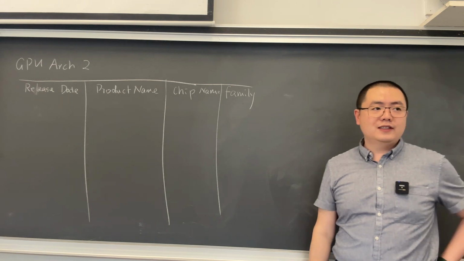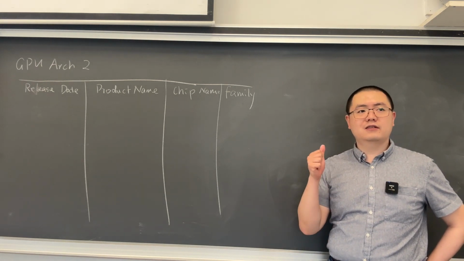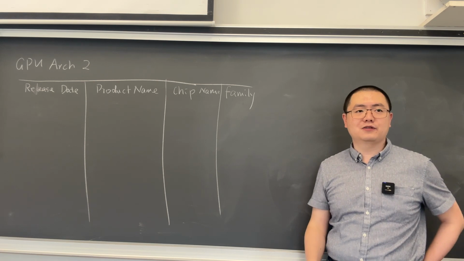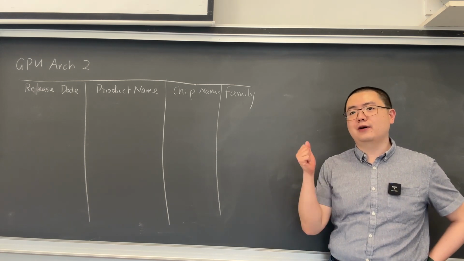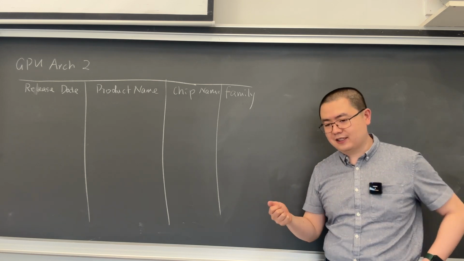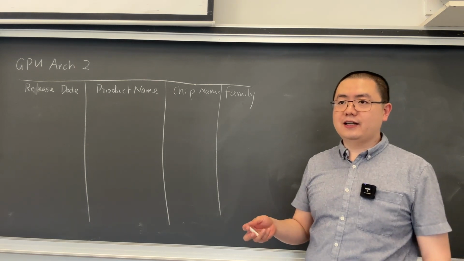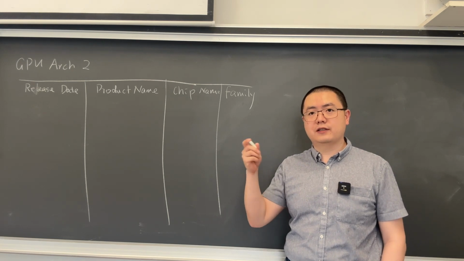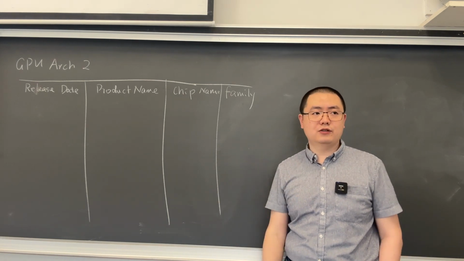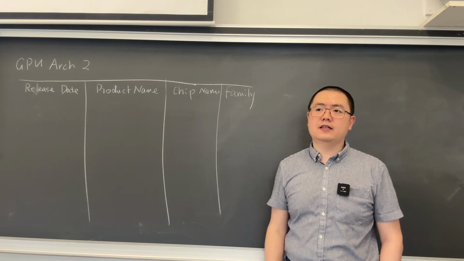So when did AMD first start to make GPUs? It was by acquiring another GPU designer called ATI, right? By the time AMD acquired ATI, it was 2008. Then AMD started to produce GPUs, and by that time they were using the old ATI architecture.